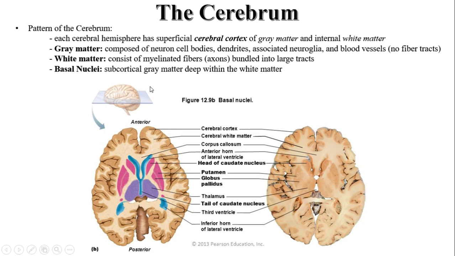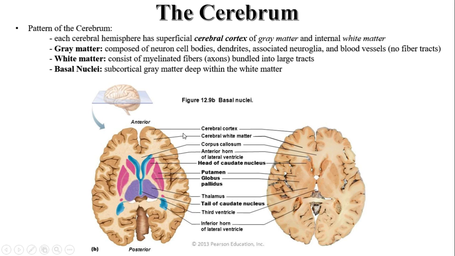Then talking about the cerebrum, there's a certain pattern that follows here. We can see different regions in which we have our outer region, our deeper, whiter region, and then these different colors they indicate here. So the most outer portion is going to be called our cerebral cortex, the most superficial portion.